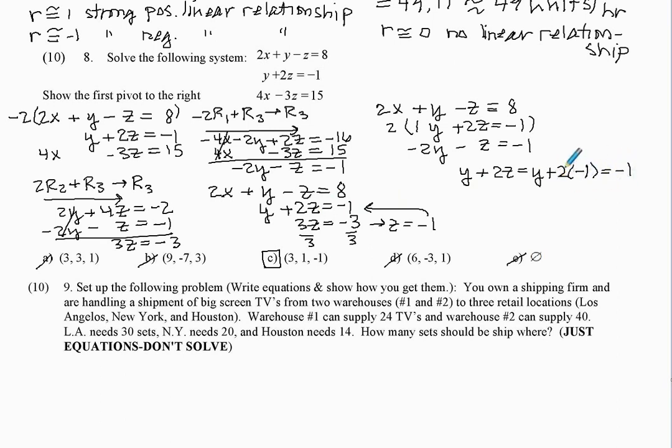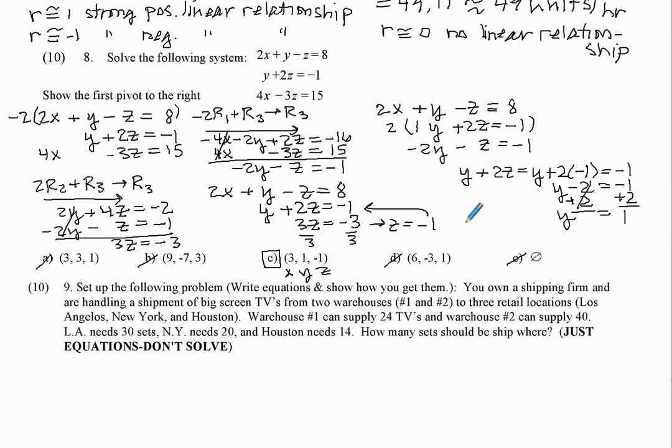So this is negative 2, to get y minus 2 is negative 1. Add 2 on both sides. So these guys cancel out. y equals negative 1 plus 2, positive 1. And y is a 1 there. Remember, this is x, y, z.